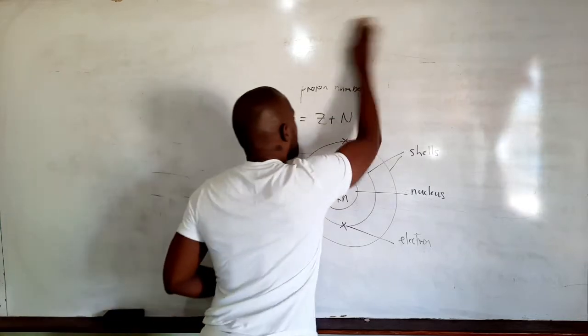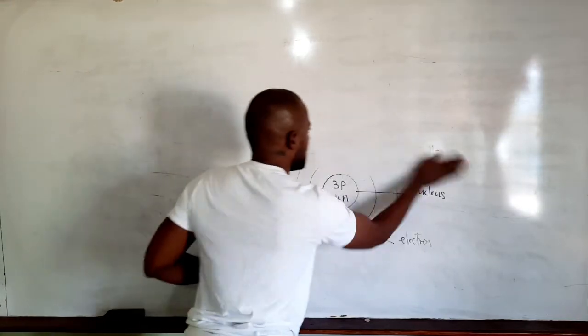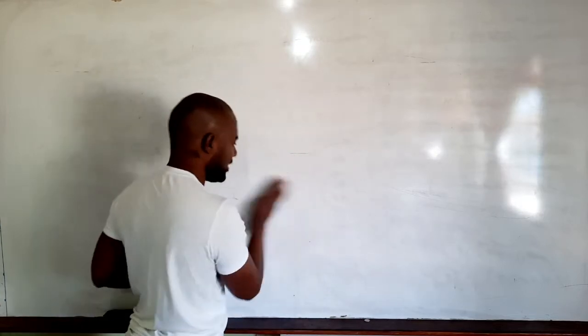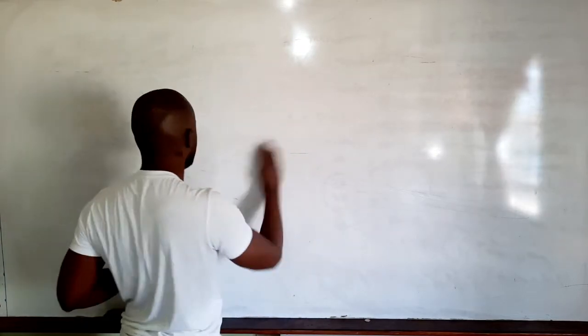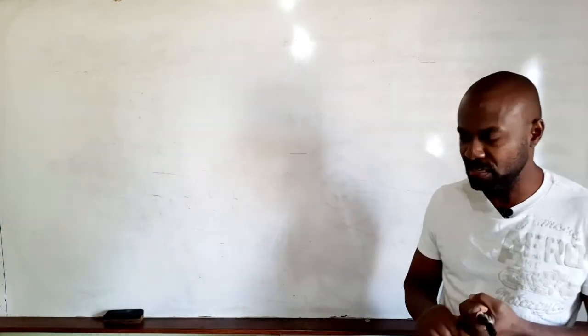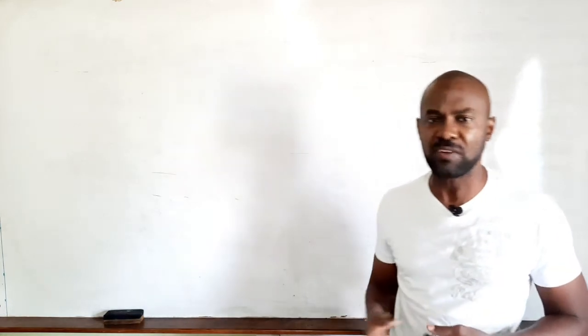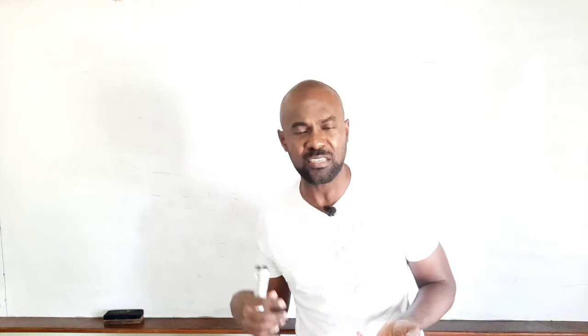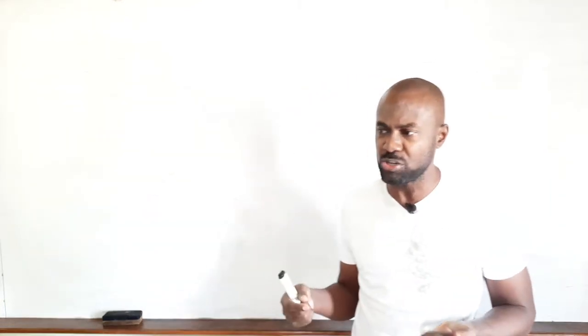Now, let's talk about half-life. The half-life of any radioactive sample is the time taken for the number of atoms or the activity to decrease to half its value. So we can define the half-life of any radioactive material in terms of the time taken for the number of atoms to decrease to half, or the time taken for its activity, which is the rate of disintegration, to decrease to half its value, right?